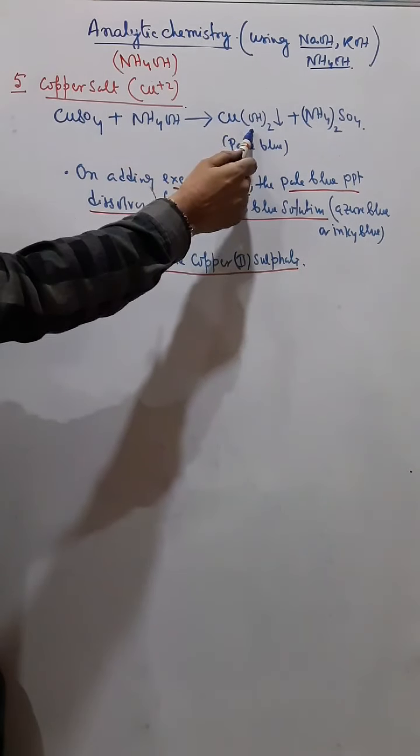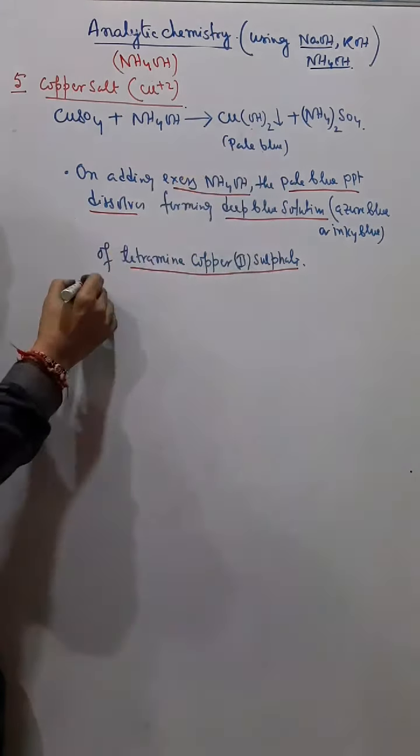Okay, now see how the reaction happens. Now what we got is pale blue PPT of Cu(OH)2, and in this reaction again we are adding excess NH4OH.